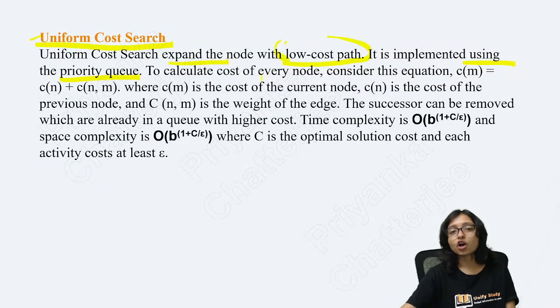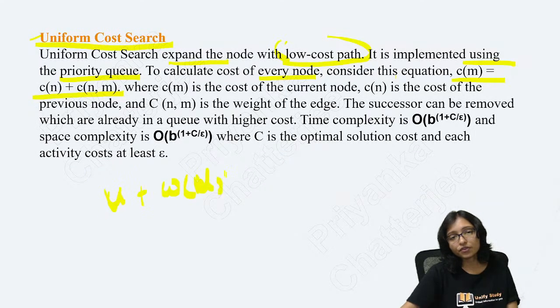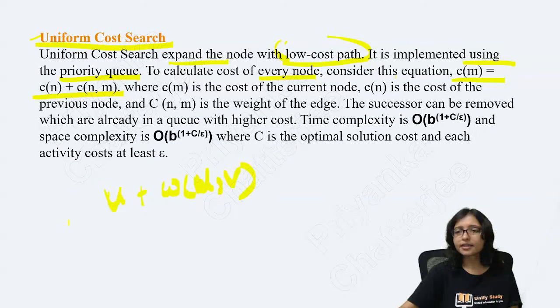And calculate the cost of every node. Consider this equation, remember the equation. A very simple equation, like Dijkstra's algorithm. In Dijkstra's algorithm also we utilize this type of equation, that is, if d[u] plus w(u,v) is less than d[v].